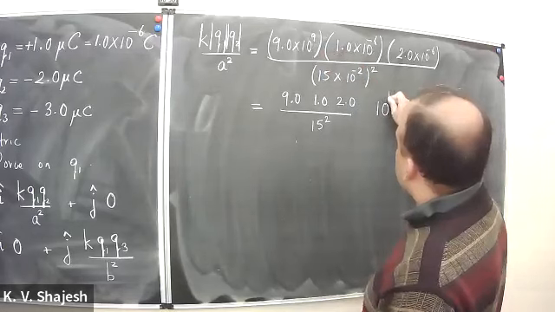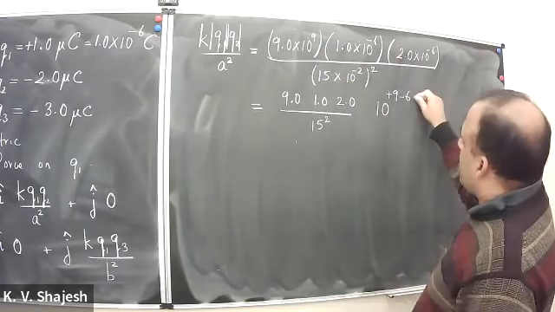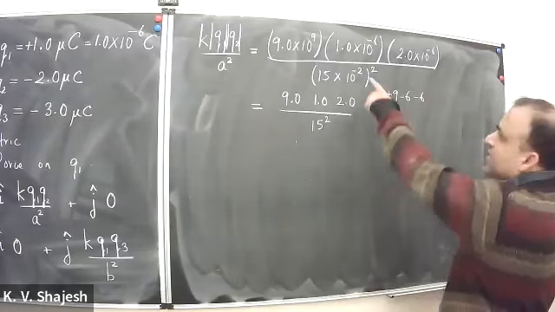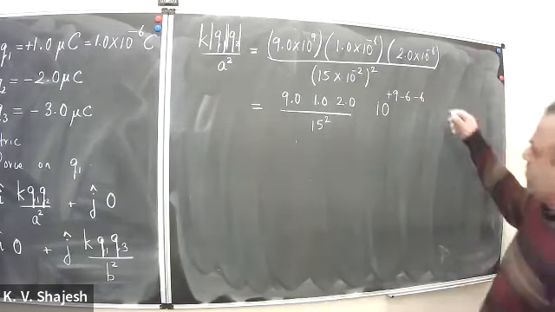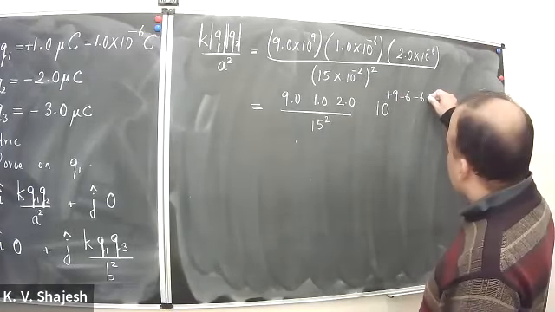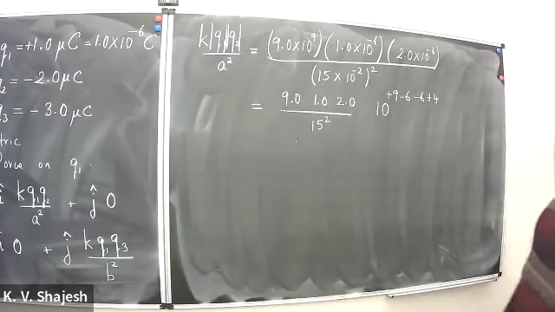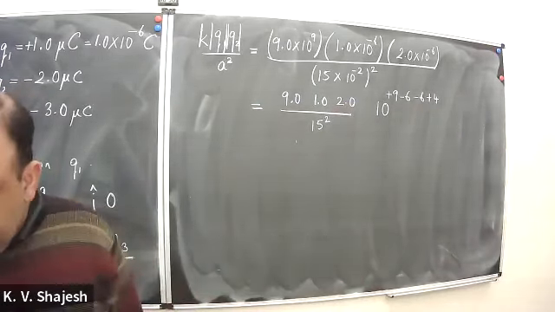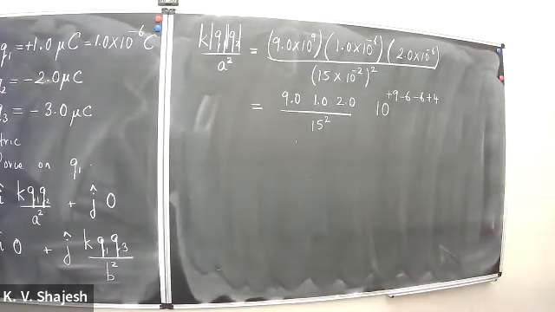So that's a plus 9. That's minus 6. Again, a minus 6. And then in the denominator, that is a minus 2 times 2, that's minus 4, which when you take it to the numerator becomes a plus 4. That's relatively easier to handle. And that comes out to be, I need a calculator. Give me a second.